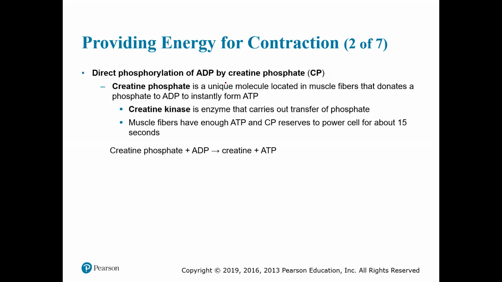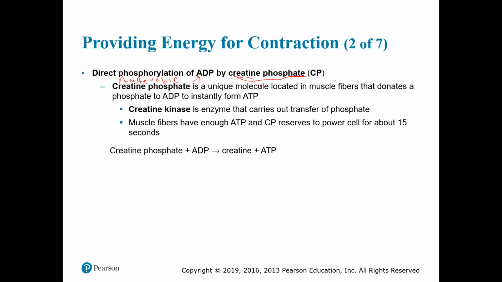So this is creatine phosphate. This is another way we make, again, 1 ATP. So creatine phosphate will donate that phosphate to ADP, and this is again anaerobic, so it doesn't make a lot of ATP.